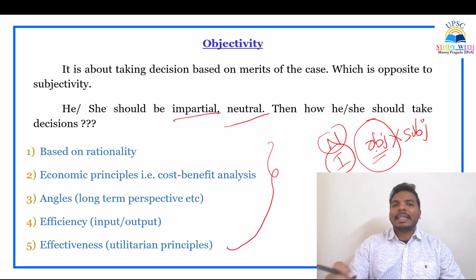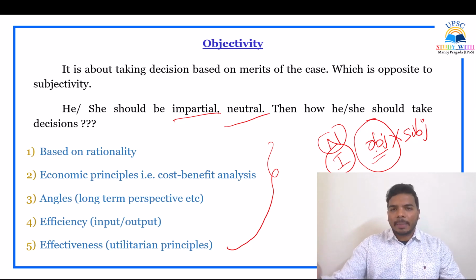On these factors, he can take his decision based on the situation, on a case to case basis. Whatever file comes to you, you see what the facts and figures are, what the cost benefit analysis is, what the economic factors are, what the effectiveness factors are. You calculate it and make an analysis, and accordingly you should decide the case.